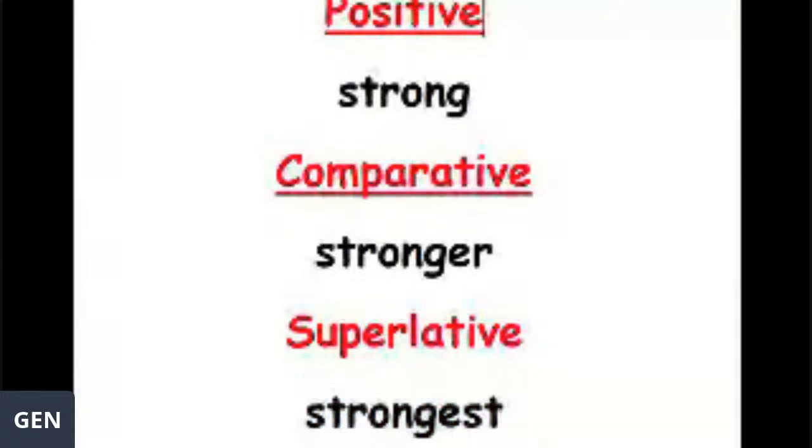So those are the three types of adjectives, or the degrees of comparison. Comparison, from the word comparing. That means comparing two things or more. So let's move on to the rules.